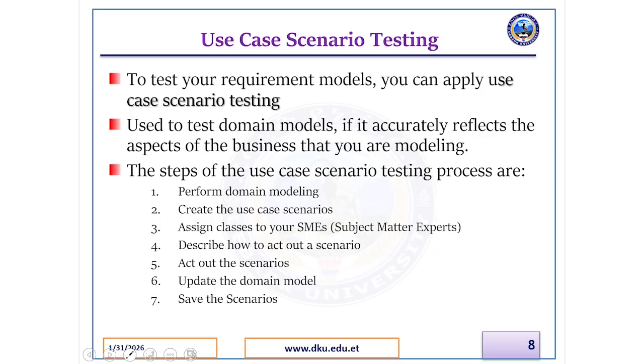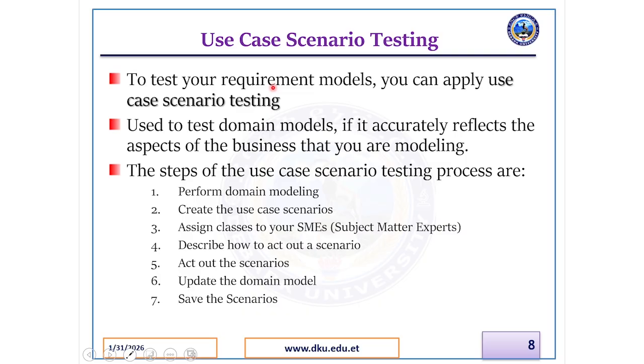The other important point here is use case scenario testing. To test your requirement models, you can apply use case scenario testing. It is used to test domain models to see if they accurately reflect the aspects of the business that you are modeling. There are steps in the use case scenario testing process.